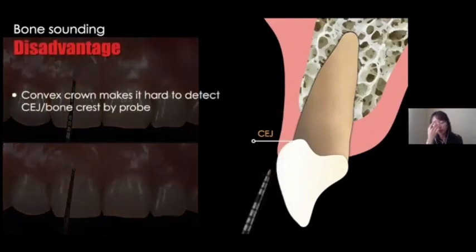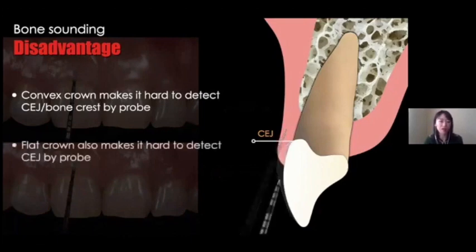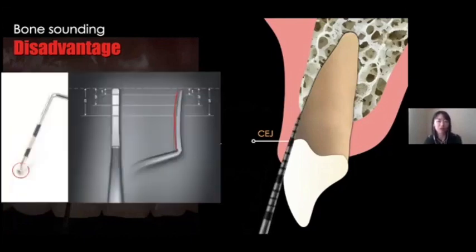But there are certain disadvantages to this bone sounding technique. The first is that when the crown is very convex, it is very hard to detect the CEJ or the bone crest with the probe. Second, if the crown is very flat, it also makes it harder to detect the CEJ. Therefore, there are different probes that facilitate bone sounding, such as the one here, with a small round ball at the end of the tip, so you can easily tell where the CEJ is.